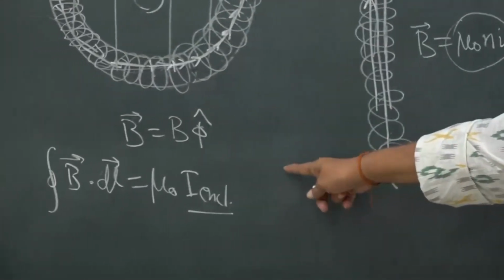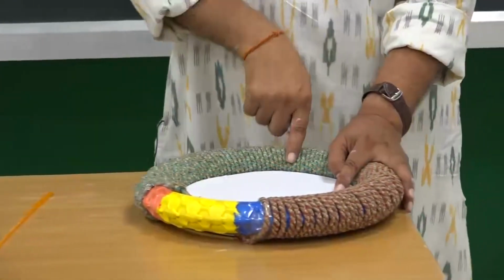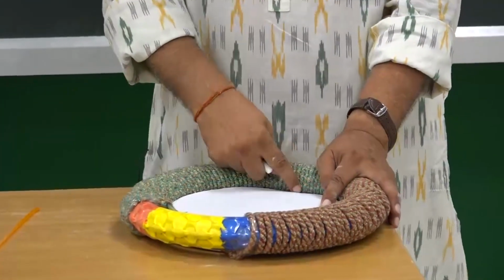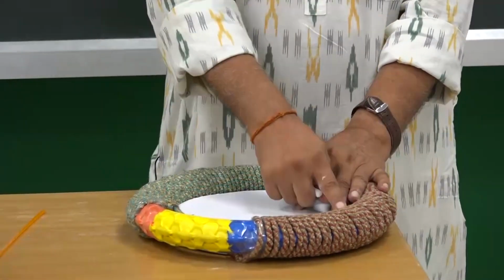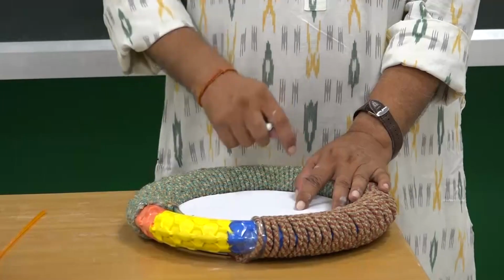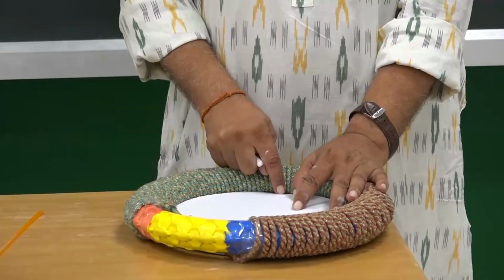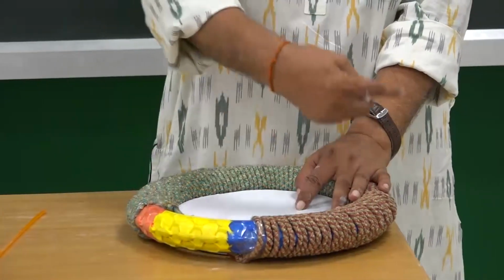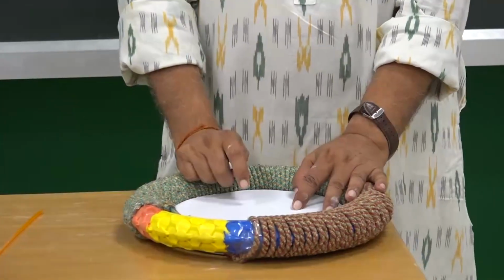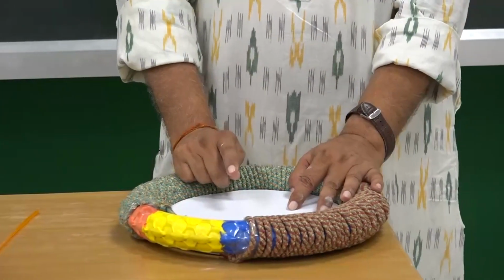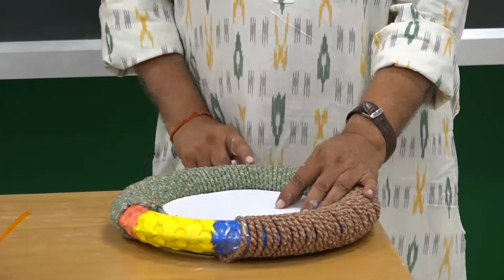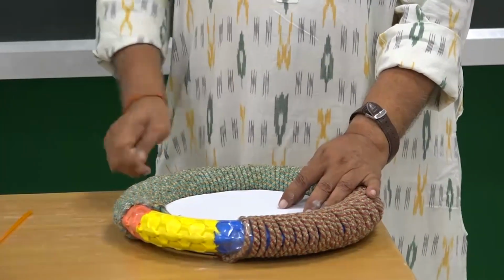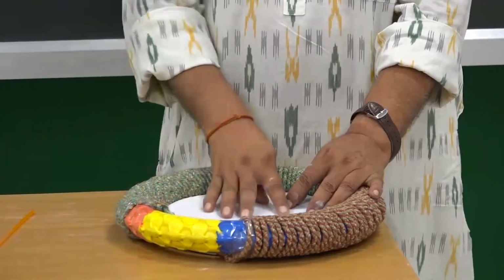Inside this circle, the current is crossing that area. Every turn in the entire toroid is crossing that area. So, if the total number of turns is capital N, not per unit length, total number of turns is capital N, and each turn carries a current I, how much current is crossing this disc?